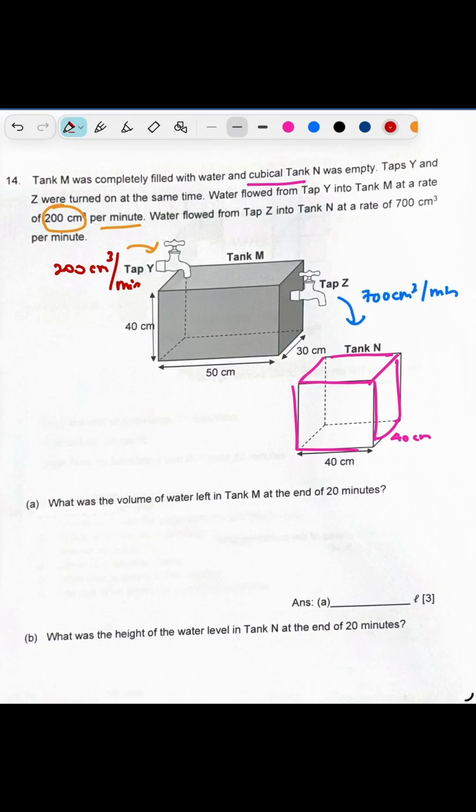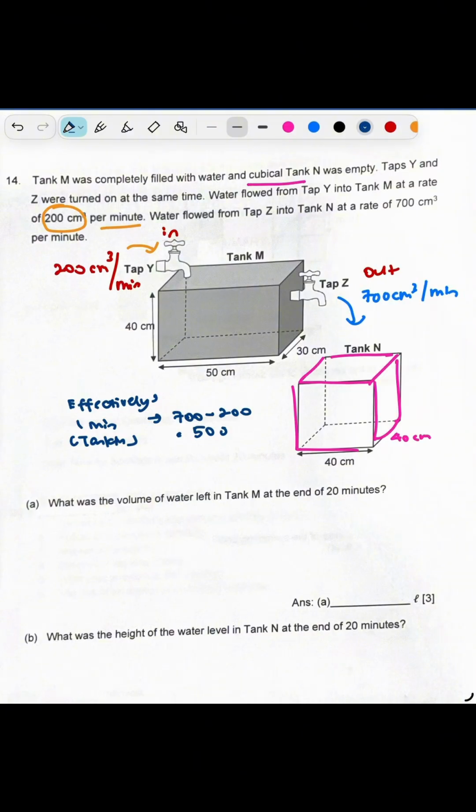And then actually the out is more than in. So effectively, in 1 minute in tank M, I take 700 minus 200 equal 500.